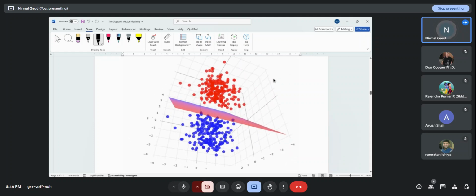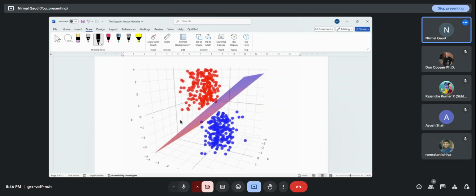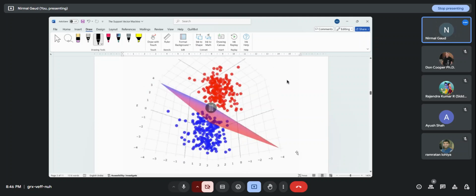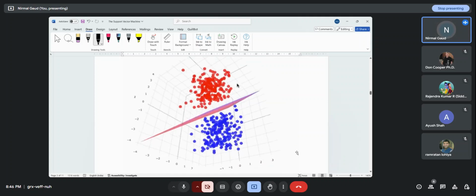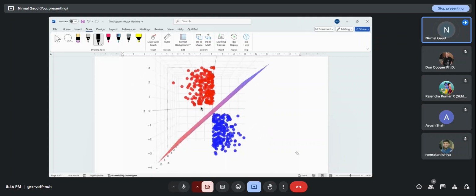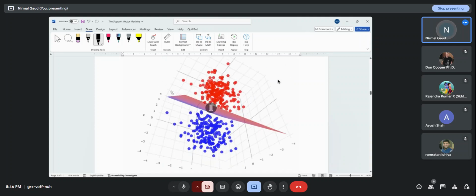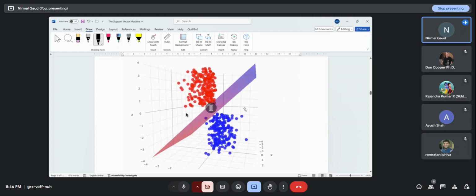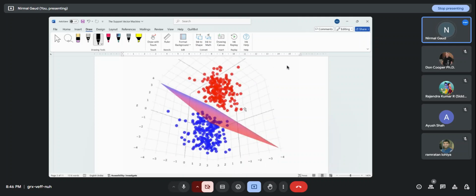So this is a 3D view of a hyperplane. Currently, we have a 3D representation of the data. Therefore, to divide this data, I require a plane. So for 3D, I require a 2D hyperplane to divide the data. Okay, fine.